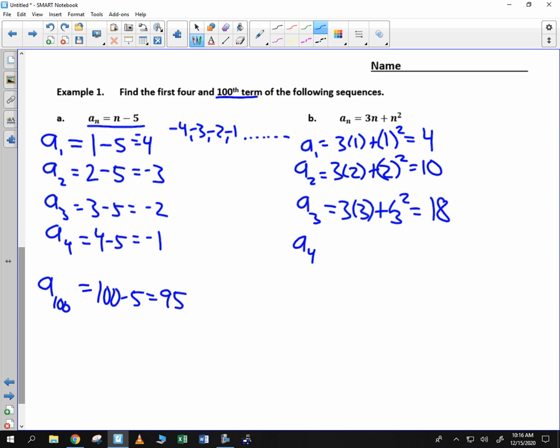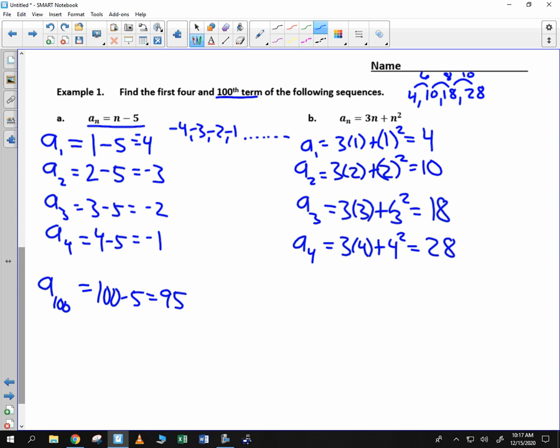If you look at a sub 4, we get 3 times 4 plus 4 squared. You get 12 plus 16 is 28. So look at what you have here. You go 4, 10, 18, 28. So you can see it went up by 6 there, then you went up by 8, then you went up by 10.